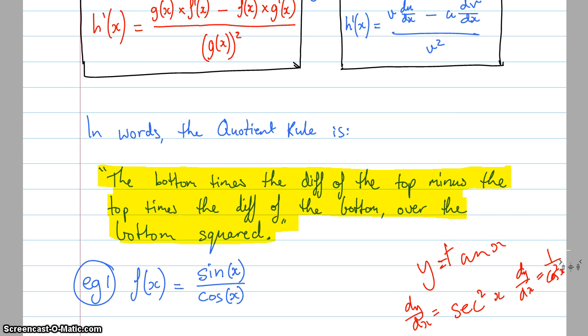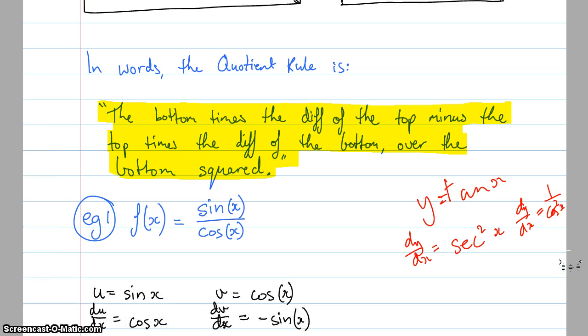So I'm going to use the quotient rule. I'm going to say that u equals sine x and v equals cos x, and I get du dx and dv dx. It's very helpful to write all of these things down, because then you can just put them in the formula. The derivative of sine x is just cos x, and the derivative of cos x is negative sine x, from exercise 5.7.